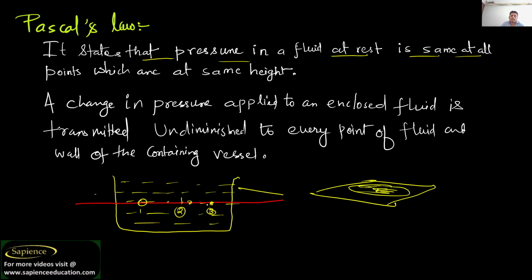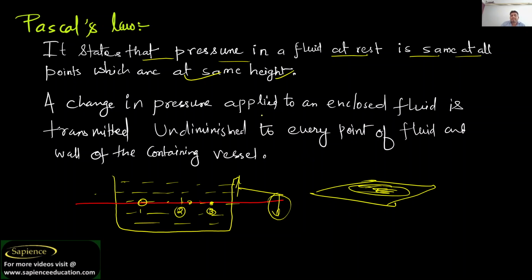At the same horizontal level the pressure will remain the same. This is a very important thing. But as soon as you go vertically up or down, the pressure will vary.